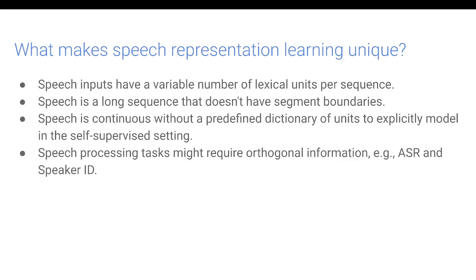So to have a representation learning approach that would reach state of the art on multiple different downstream tasks at the same time would require taking care of all these considerations.